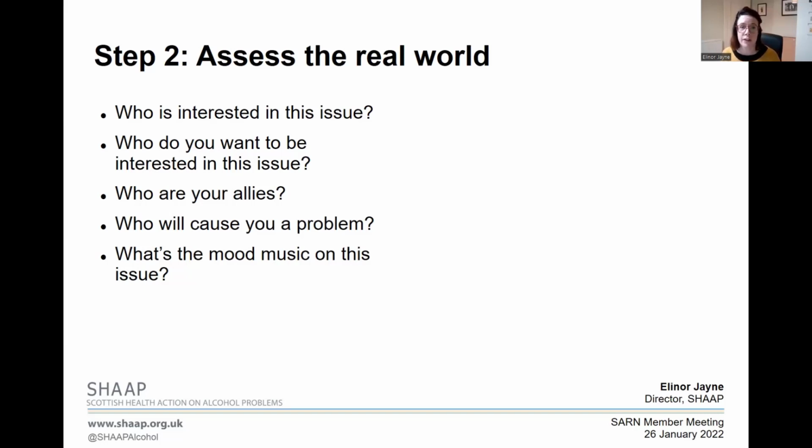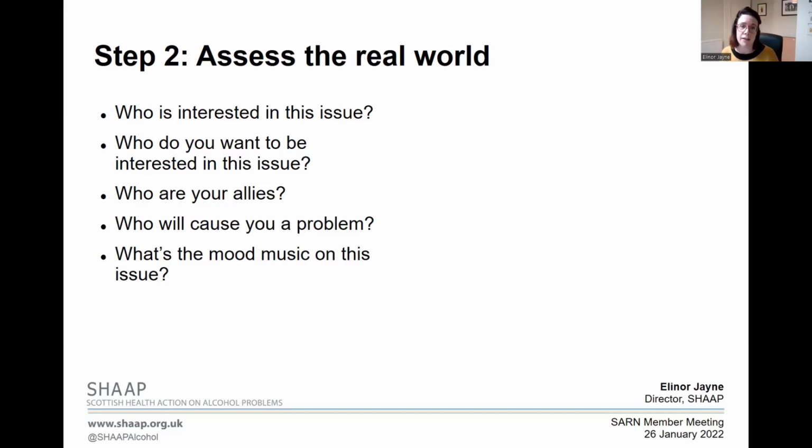Who is interested in this issue, and who do you want to be interested? If there's actually zero interest in this amongst a key group of people, for instance, if you're doing something pretty groundbreaking but you're pretty sure that officials in the Scottish government haven't thought about this and it's not on their radar, then how do you get to those people and start them thinking about this ahead of launching any research?